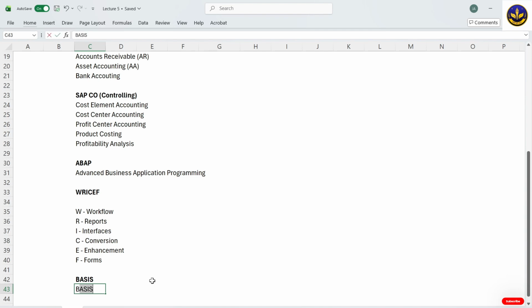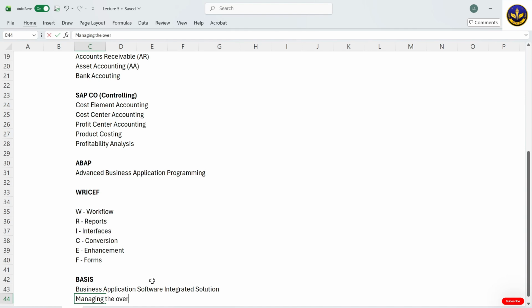Firstly, let us write its full form: Business Application Software Integrated Solution.